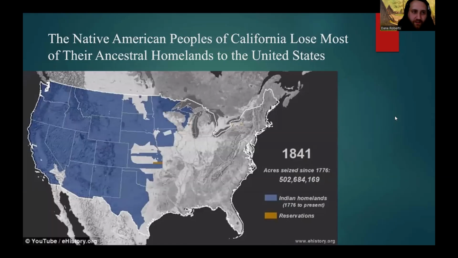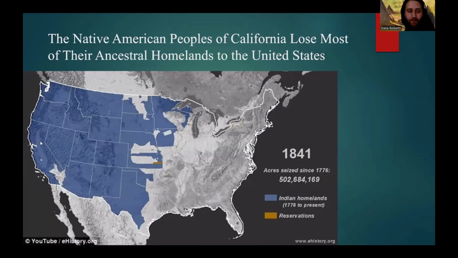On top of this, the Native American peoples of California would lose most of their ancestral homelands to the United States. Now, I want everyone watching this to really focus and take a minute to absorb all of these maps, starting with this map here of all of the land held by the Native American peoples of California, and yes, by Native American peoples in all of the United States, but we're focusing on California right now.